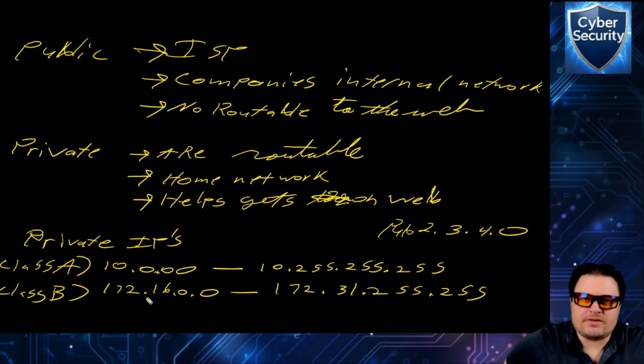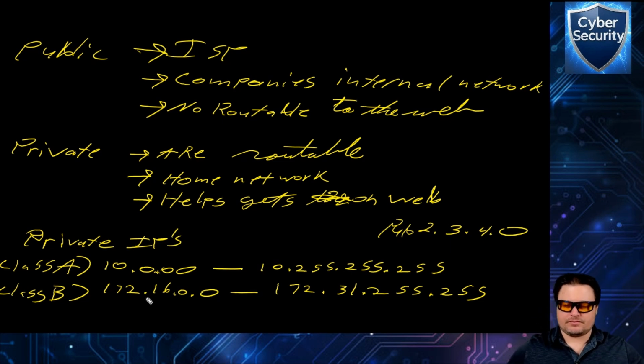So based off of this, Class A private IP address range are all in the tens. 10 dot whatever. Boom. So technically, Class A private range is the easiest one to remember. Just 10 dot whatever is a private IP. Everything outside of that is public on a Class A.